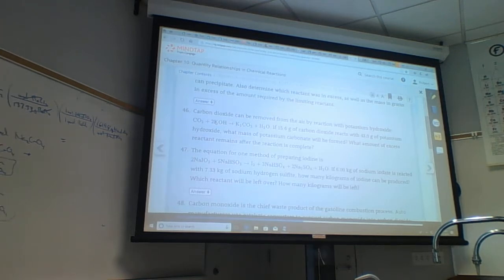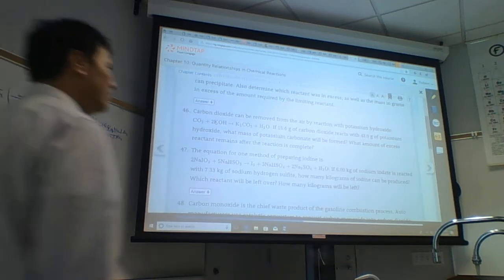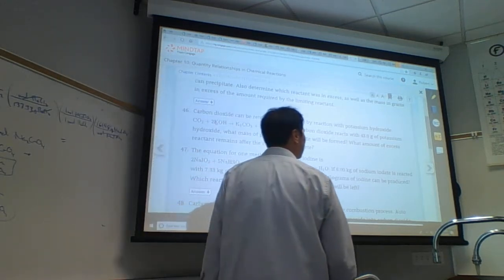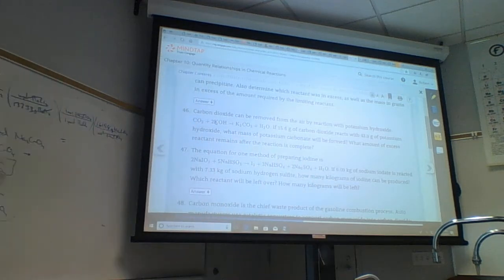Let's go ahead and write the molar mass of CO2 first. The carbon is 12.01, 2 oxygens, it's going to be 32.00. And so CO2 is going to be 44.01. And then KOH, potassium is 39.10.